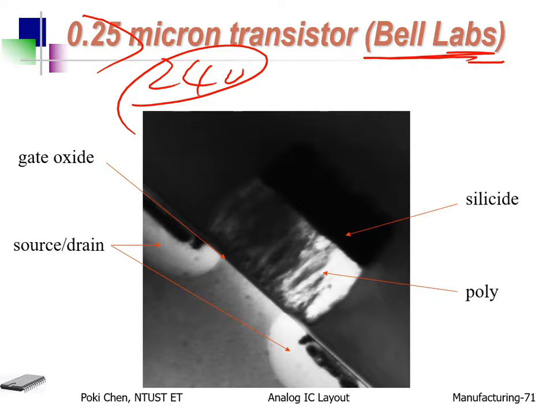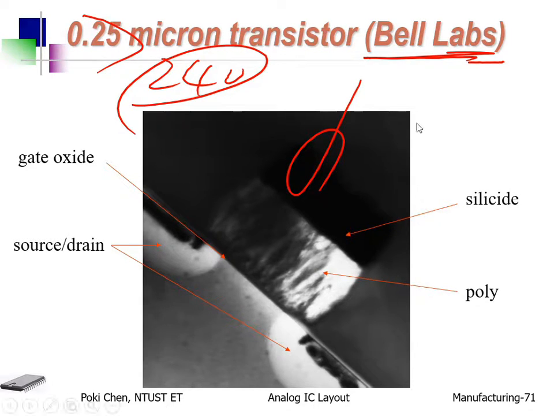Anyway, how do you capture a tiny transistor? You have such a cross-sectional cut, and then show all the detail under the microscope. It's really hard.